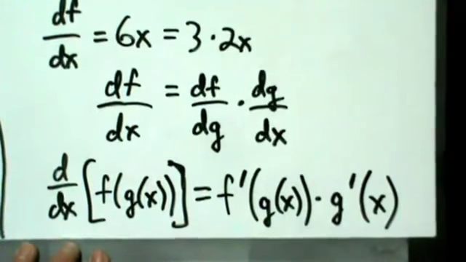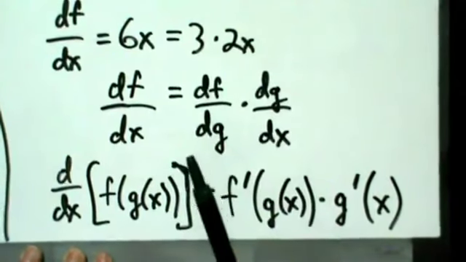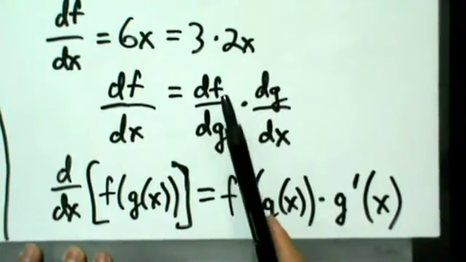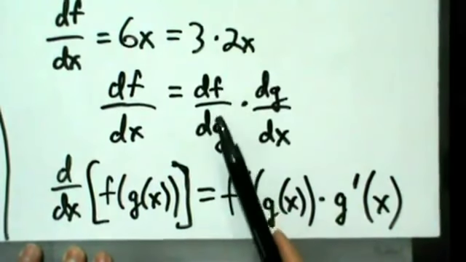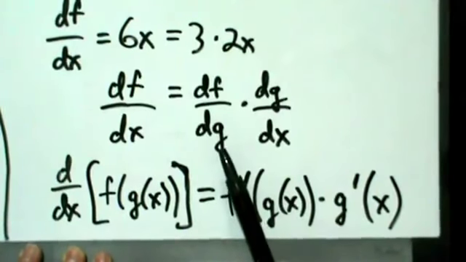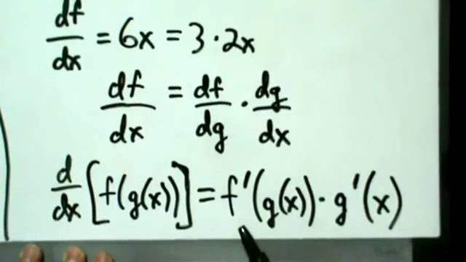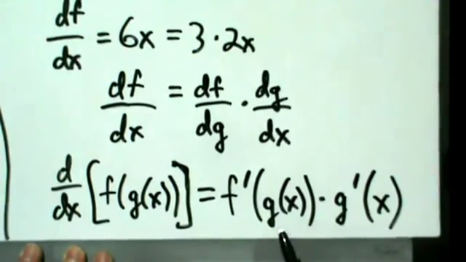So it's a slightly different way of thinking about this same thing here. Here we said derivative of f with respect to g, but here we're saying just find the derivative of f with respect to x, but then instead of evaluating it at x, evaluate it at the little guy, g of x. I know this all sounds probably kind of goofy and confusing, but let's see another example.